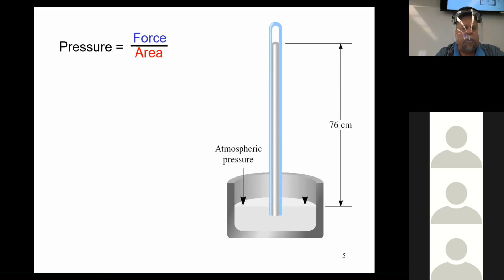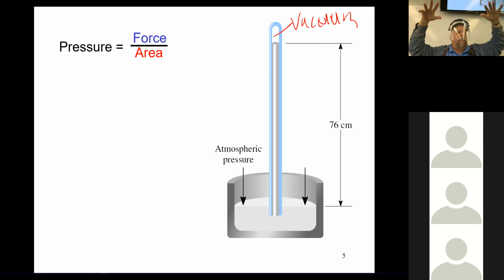How that is measured is you take a thing of mercury, you put a glass tube in it like that, there's a vacuum up here, and essentially the atmosphere pushes down, and the atmosphere is the weight above everything above us, pushing down on it. That's the pressure holding the air around the Earth itself, the atmospheric pressure of gravity holding all the air in our atmosphere. That all has a weight associated with it, pushing down on us.